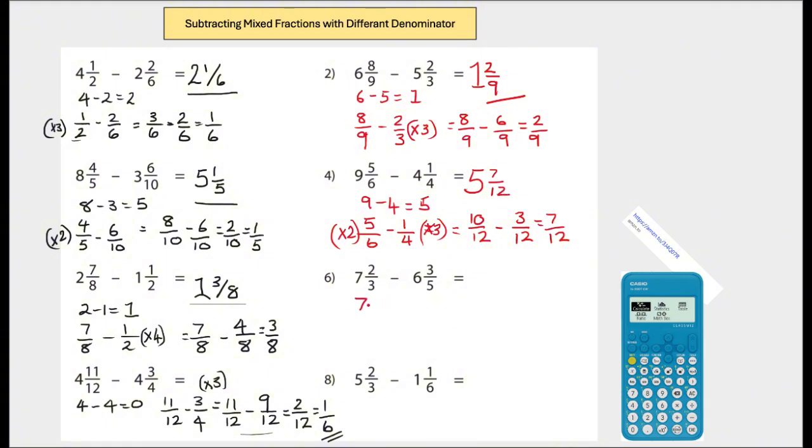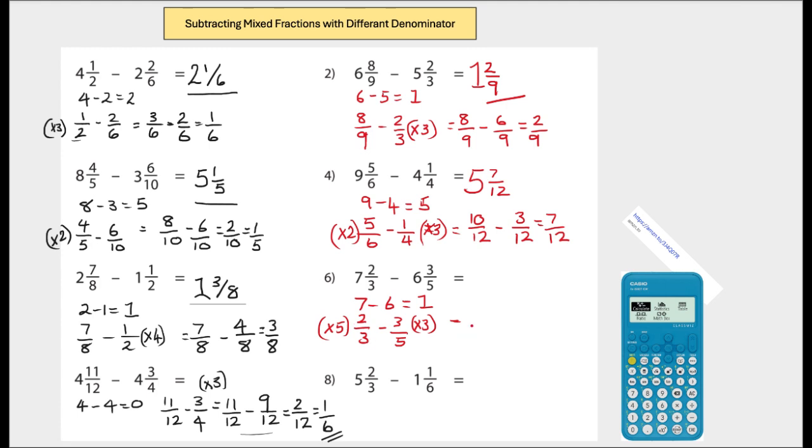Two more. I know you're going to get bored now, but you should be able to understand it by now. 7 take away 6 is 1. 2 over 3 minus 3 over 5. I know that the lowest common multiple of these two numbers is going to be 15. So I need to times this by 5 and this one by 3.